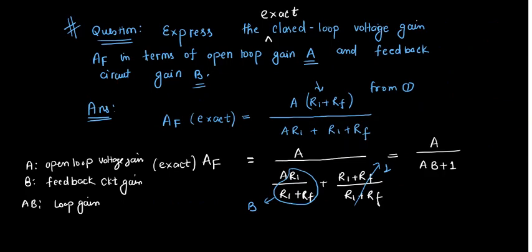So AF exact is A divided by 1 plus AB. In your textbooks, many times you see this expression. If I change my R1 value or RF value, which of these quantities would change? Capital B. And that will change your AF, correct?